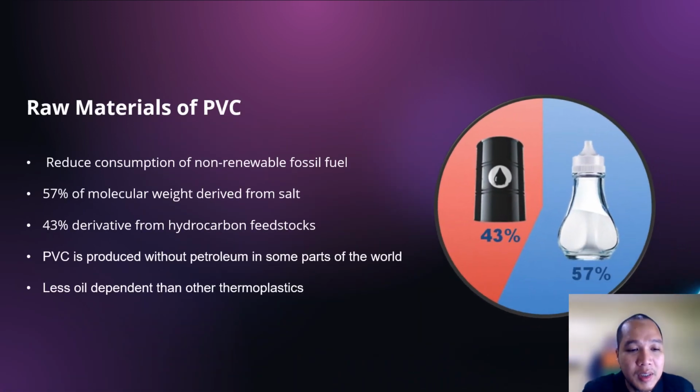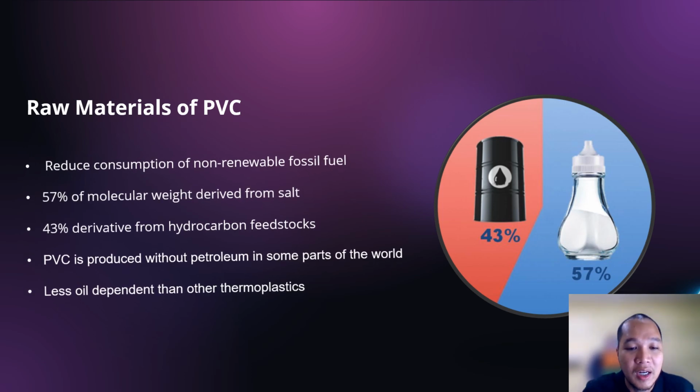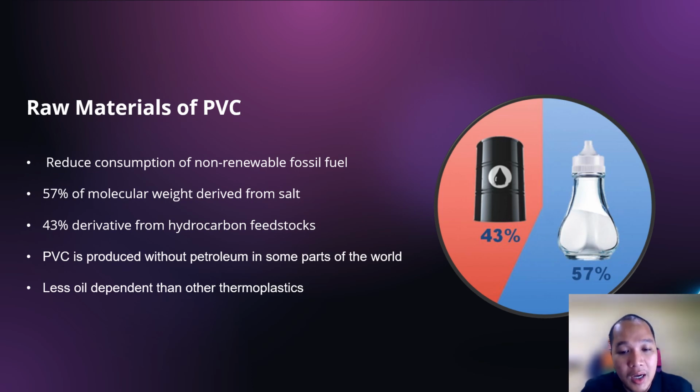As a raw material, PVC takes less non-renewable fossil fuel to make than any other commodity plastic, because unlike other thermoplastics which are entirely derived from oil, PVC is manufactured from two starting materials: 57% of the molecular weight derived from common salt, and 43% derived from hydrocarbon feedstocks, which means PVC is most frequently made from salt and oil.